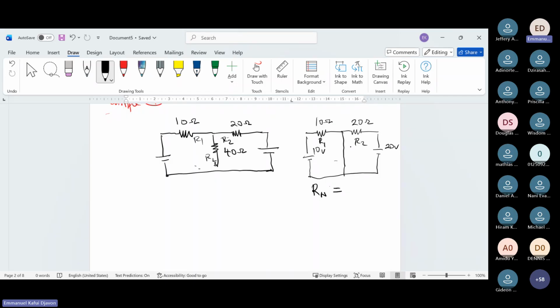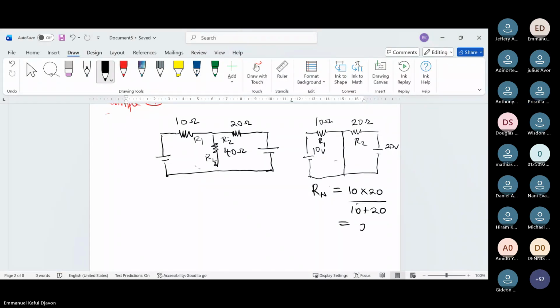These two resistors are not in series, they are in parallel. So 10 times 20 all over 10 plus 20. 20 times 10, that will give you what? Who can tell me what 20 times 10 will be? Yes, Priscilla. 200.